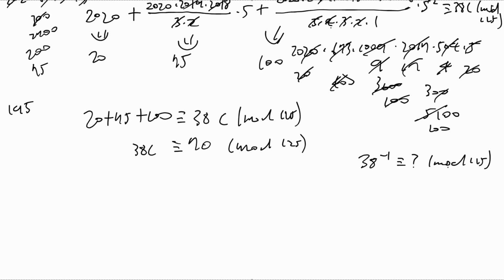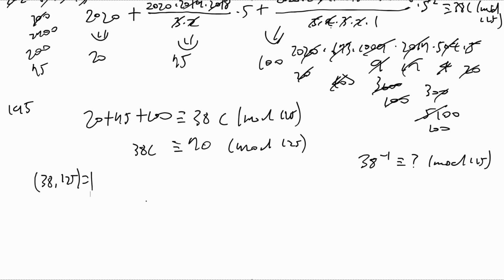The reason why 38 is invertible modulo 125 is because the greatest common factor of these two numbers is equal to 1.